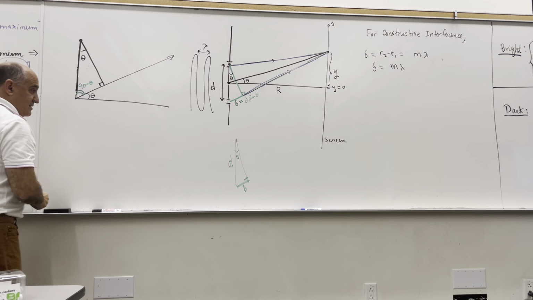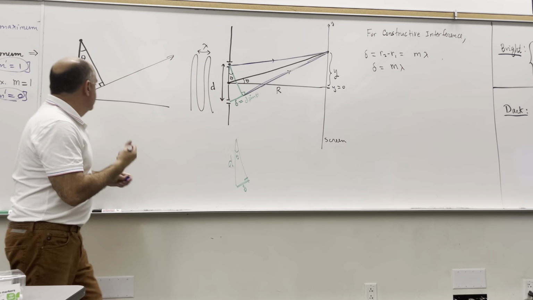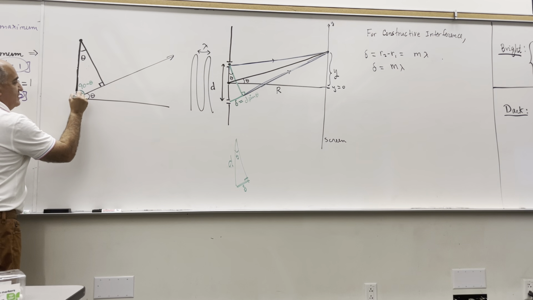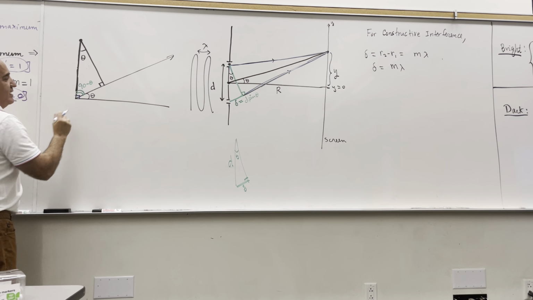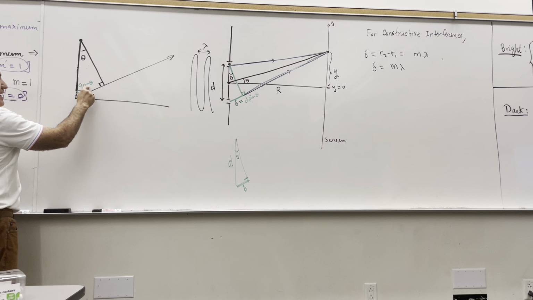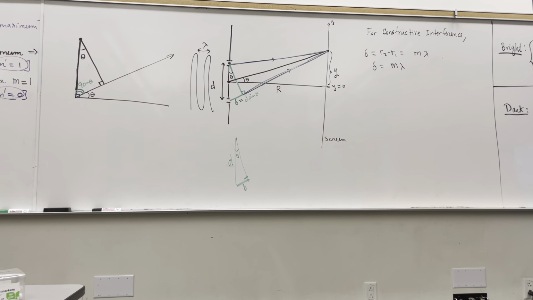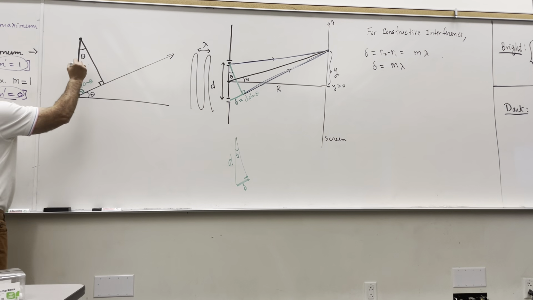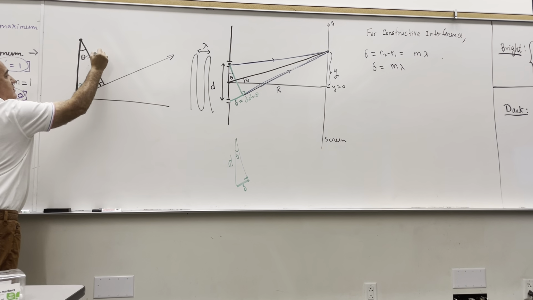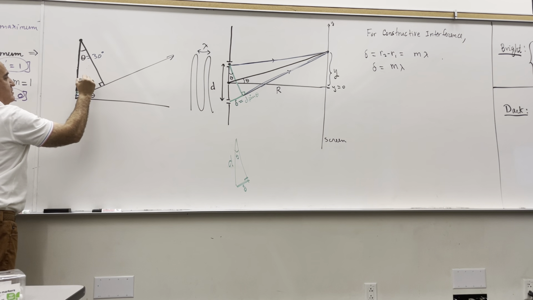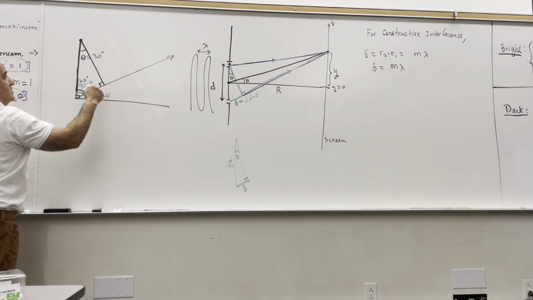But this is 90 degrees, so this angle must be theta, so that this angle added to that gives me the 90 degrees. Can you see that? I mean, put in some numbers. Suppose this is 30 degrees. That makes this 60 degrees. So therefore this has to be 30 degrees, which is the same as that.